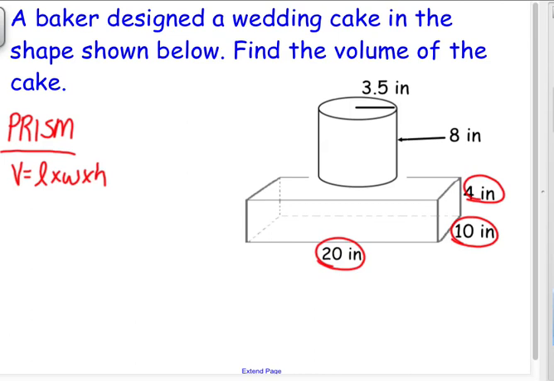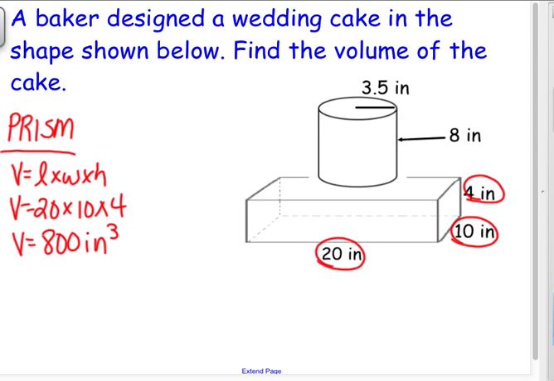So I simply have to multiply those 3 numbers, and that'll tell me the volume of that prism. So 20 times 10 times 4 is 800 inches to the third. So that's how much cake there would be inside the rectangular bottom piece of the cake.